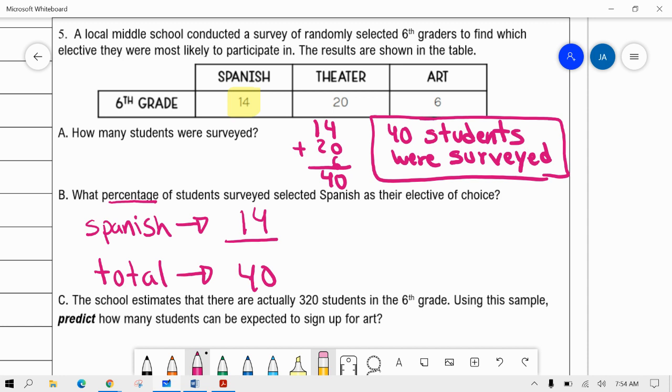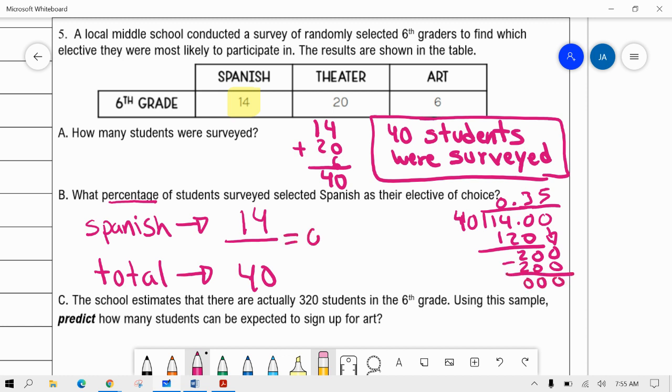In order to turn a fraction into a percent, we must divide. 14 divided by 40. So I'm going to go ahead and show you the division here. 40 does not go into 14. 40 goes into 140 3 times. 40 goes into 200 5 times.